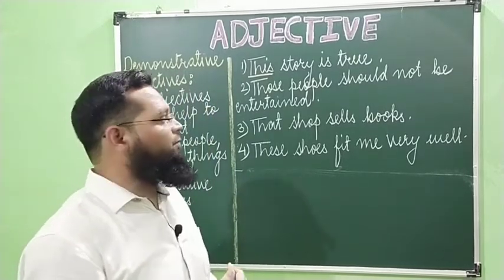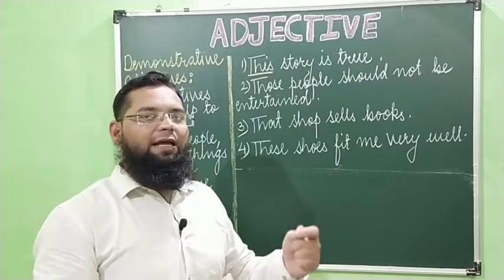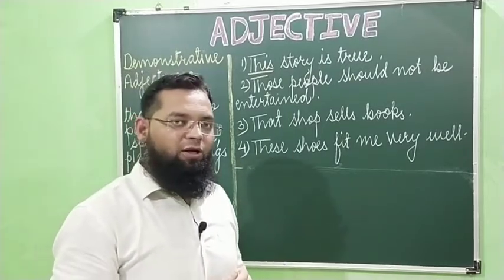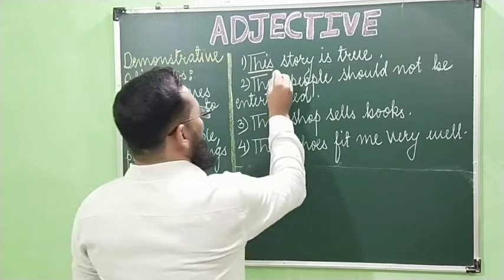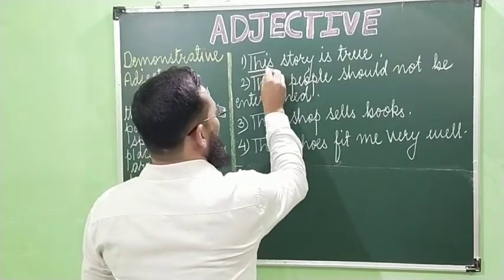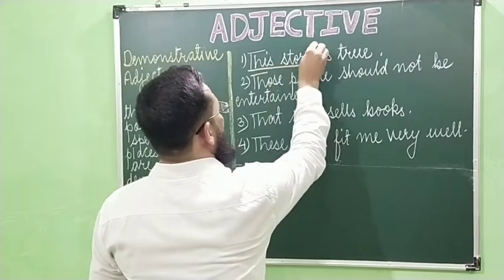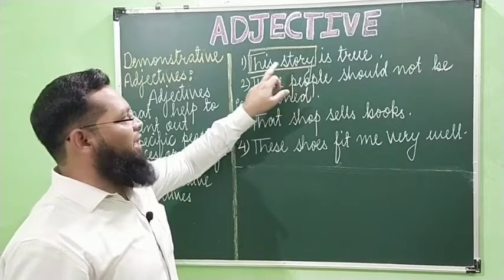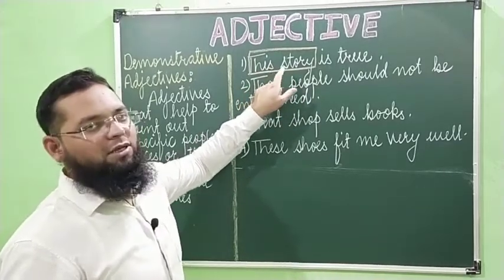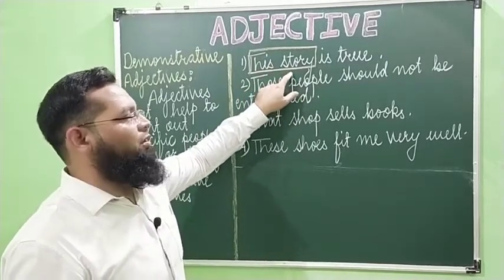Why am I saying that this is a demonstrative adjective? Because it is describing a noun, story. The noun story follows the demonstrative adjective this. That's why it is a demonstrative adjective.